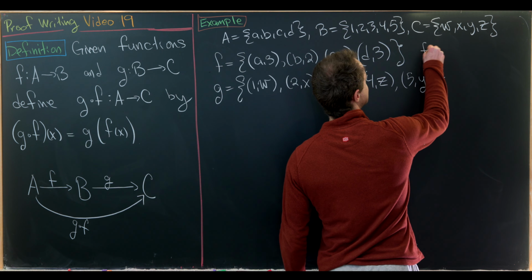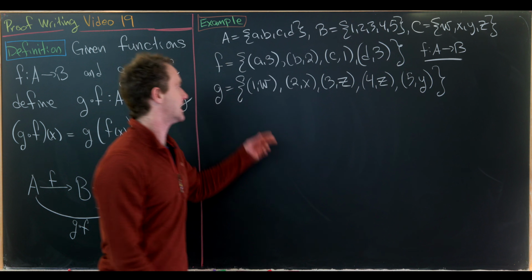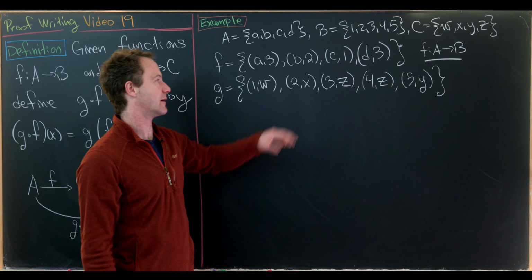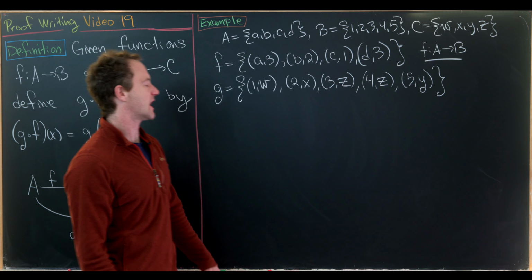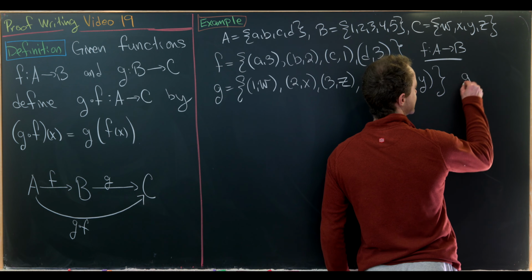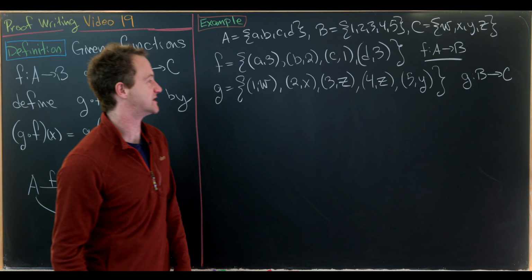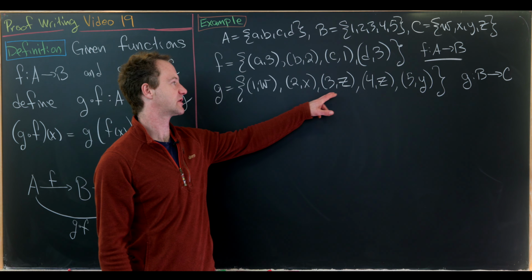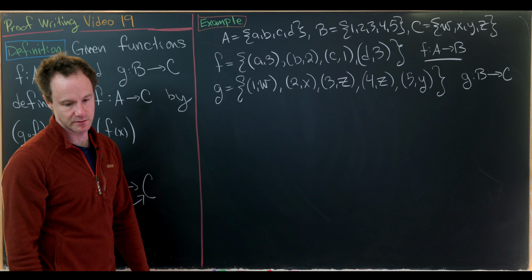Notice that under this setup, f goes from A to B, and it's the following ordered pairs: (a,3), (b,2), (c,1), and (d,3). And then we've got a function g, and notice that by the way we have this set up, it's a function from B to C. So it has (1,W), (2,X), (3,Z), (4,Z), and (5,Y).